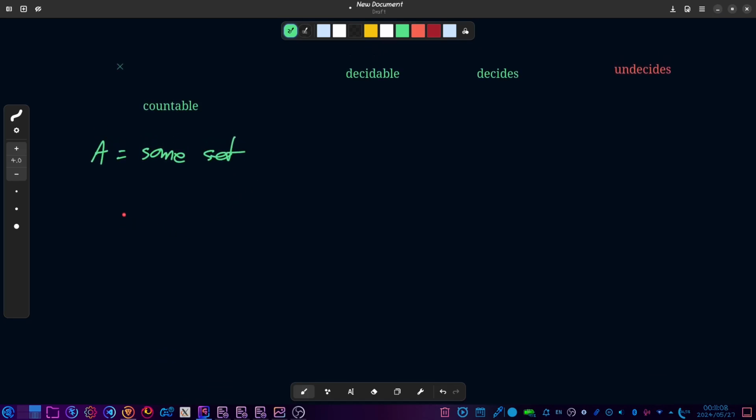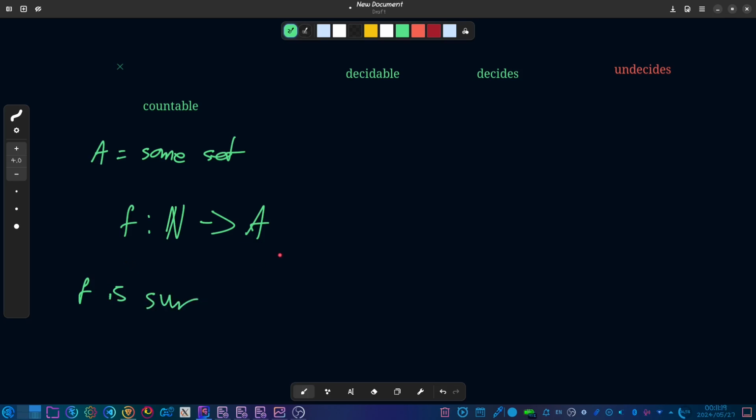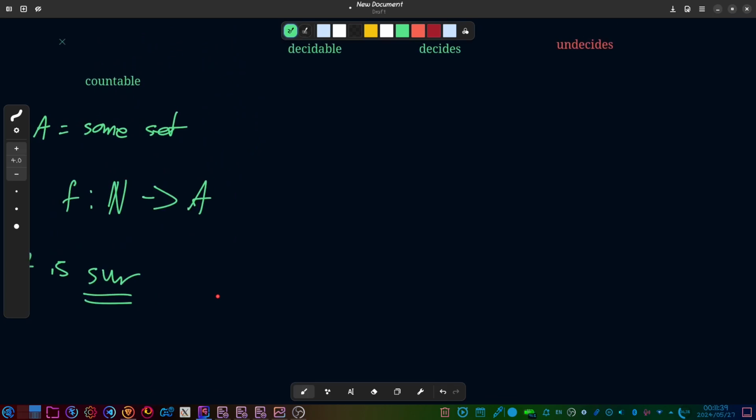We say A is countable if there exists, so we basically say A is a countable set if there exists a surjective function from the natural numbers to the set A, right? Why I feel the need to specify surjection? Because again, it's back to what I was saying earlier.